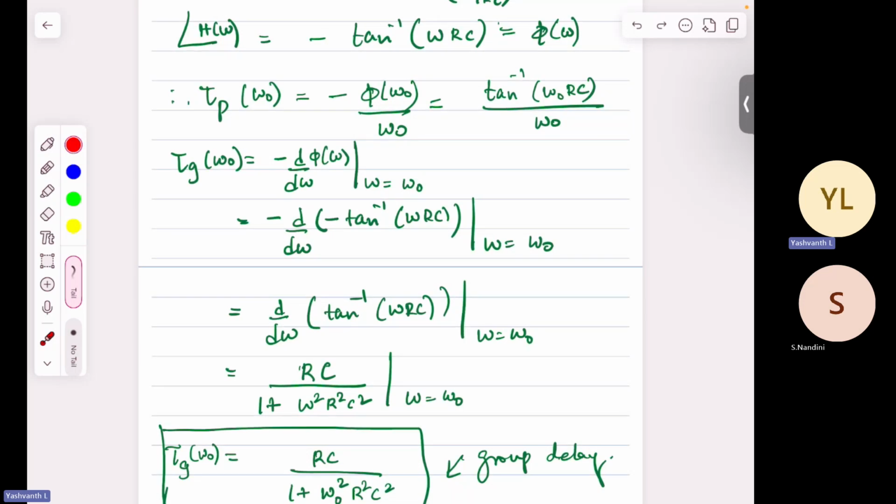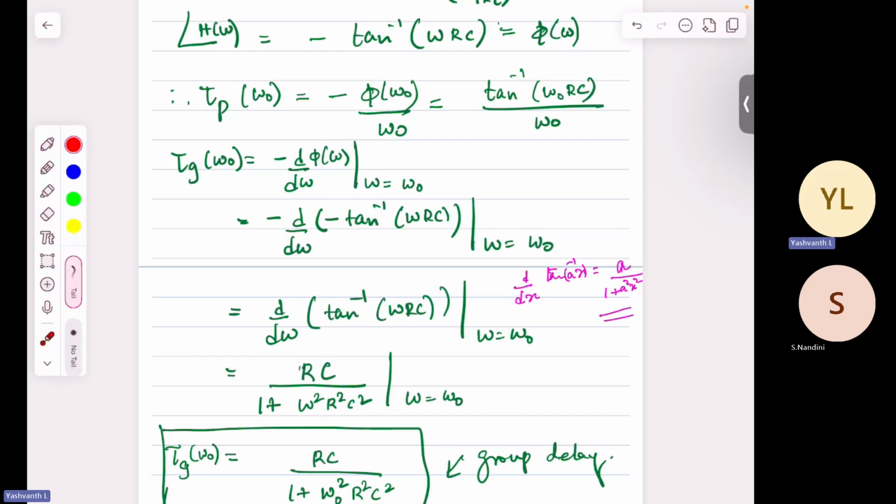Okay, but what do we know? We know that d by dx of tan inverse x is nothing but 1 by 1 plus x square. But now you have to apply the chain rule also, because it's not just x, it is something like ax. So you need to write a also. The derivative of tan inverse of ax is a by 1 plus a square x square.